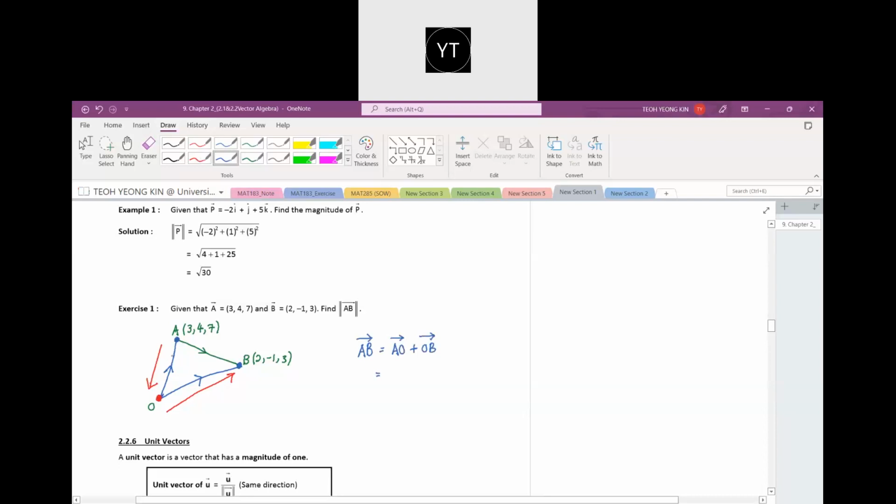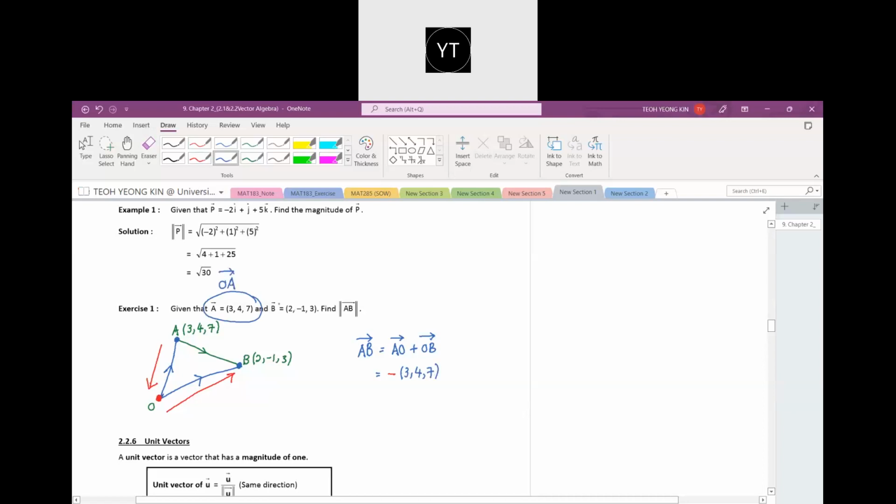Now the direction of AO is opposite to OA. So what we have to do is we need to put a negative for the coordinate of A ni, 3, 4 and 7. You mungkin tanya kenapa? Sebab kita terbalikkan arah dia. Yang dia bagi ni adalah OA.